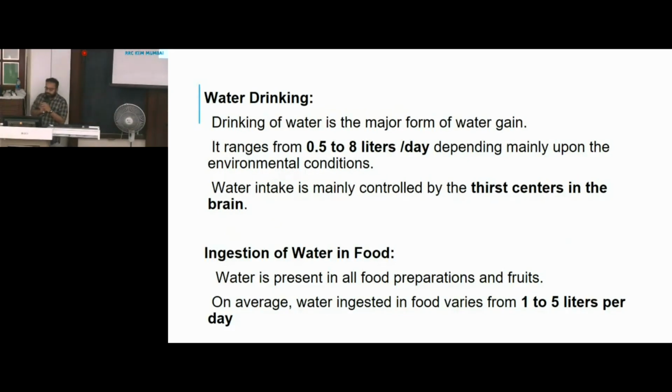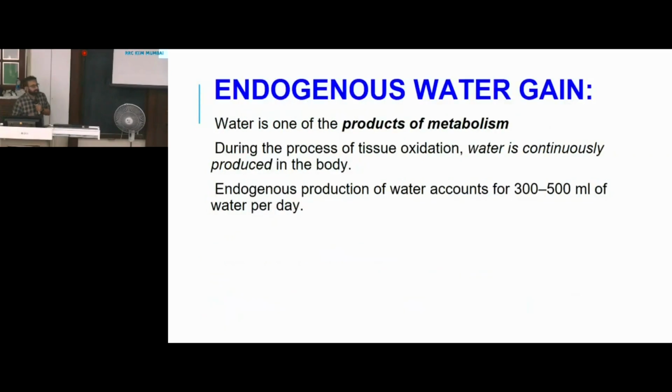Okay, ingestion of water in food. Water is present in all food preparations and fruits. Okay, on an average, ingested food varies from 1 to 5 liters per day of water. Don't have to remember all those things. And what is the endogenous water again? That is, as he said, water is one of the products of metabolism. Okay, so where are these metabolism things happening?